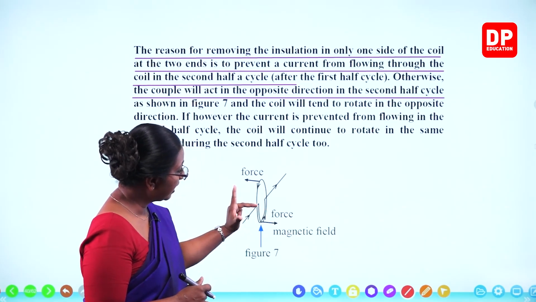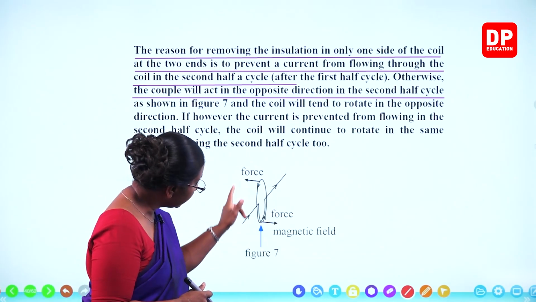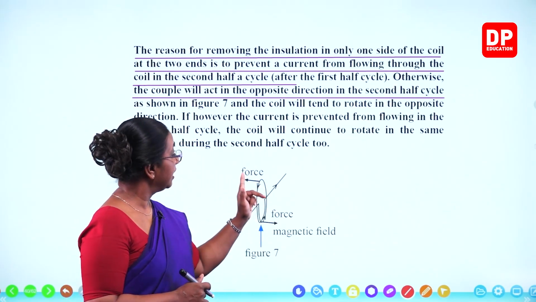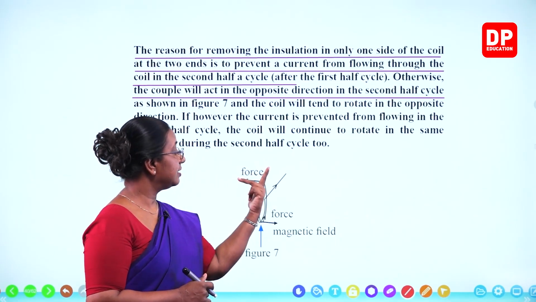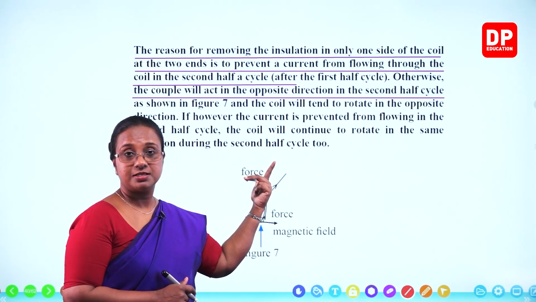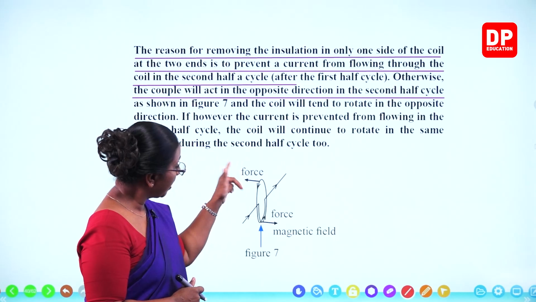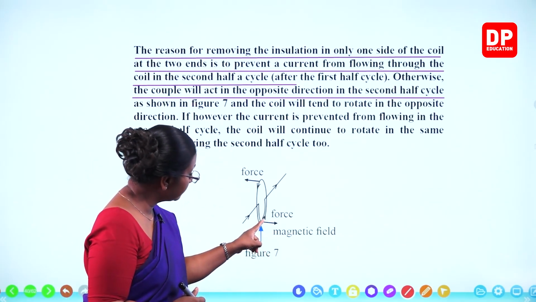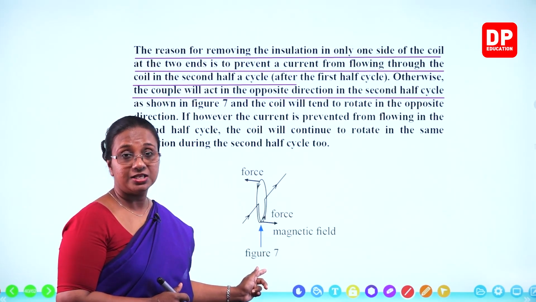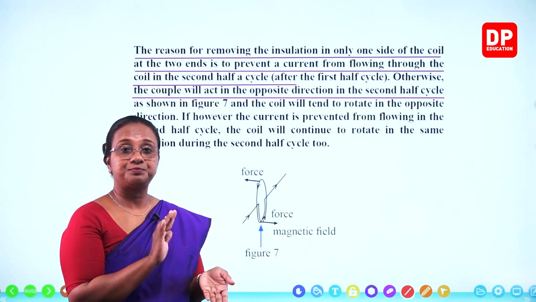So because of that, the force acts outwards. But when the winding goes up, if you take a look at the upper part of it, here you can see current is flowing in this direction. So the force is inwards. So earlier the force was up, this part the force was outside, this part the force was inside. Now the directions have changed. So then the coil will try to just oscillate like that.